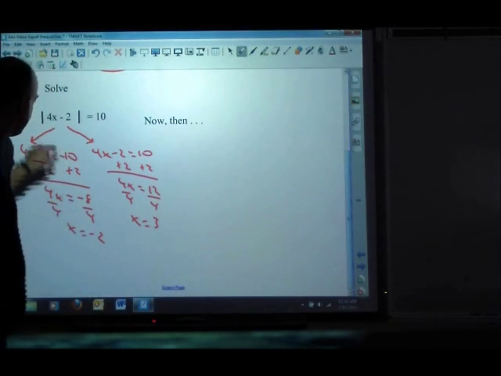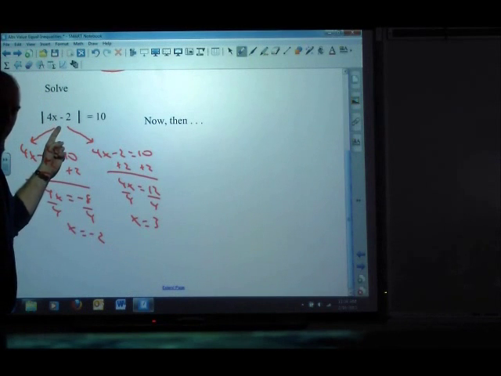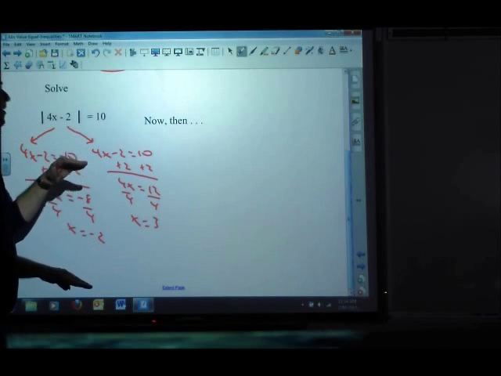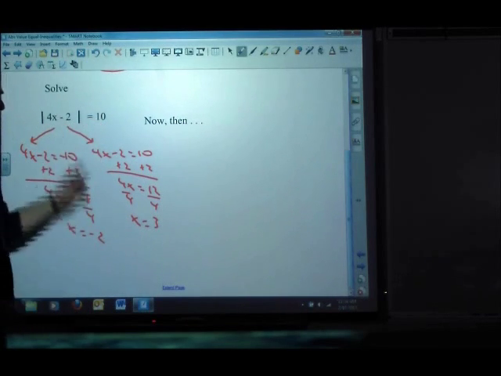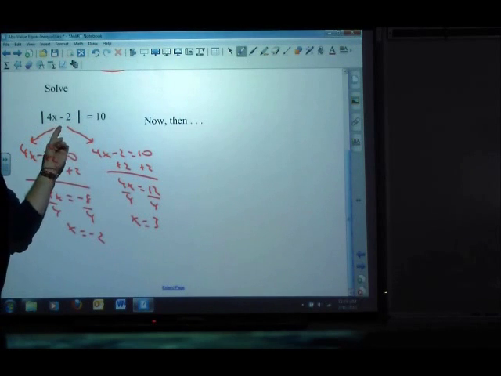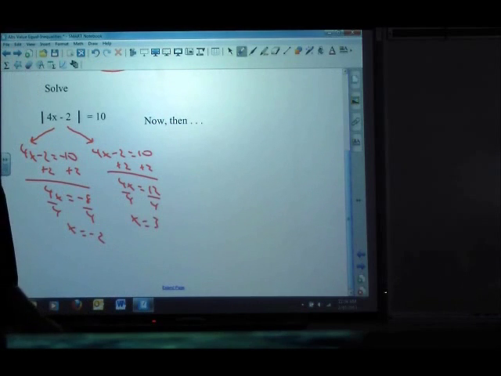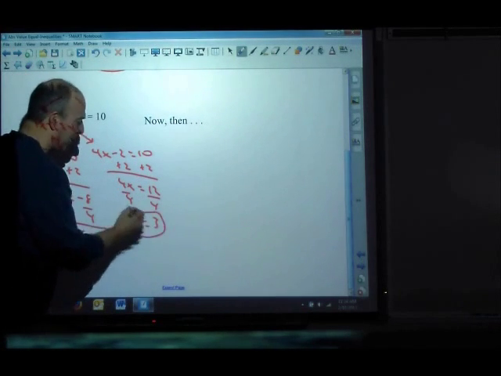If I put -2 into the absolute value, 4 times -2 is -8, take away 2 gives -10, and the absolute value returns 10. That's correct. If you put 3 in there, 4 times 3 is 12, take away 2 is 10, and the absolute value of 10 is 10. So I've satisfied the situation and I've got two separate answers.